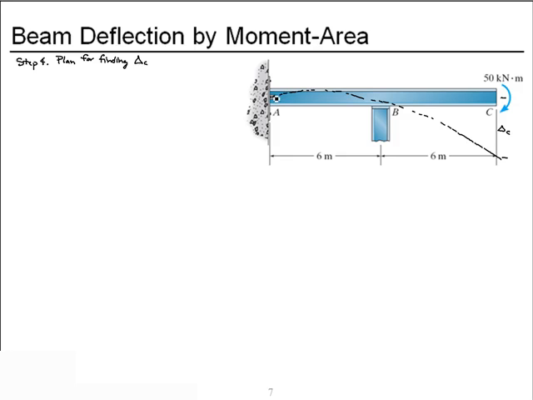Moment area tells me the vertical deviation between a tangent line and a point on the deflected shape.